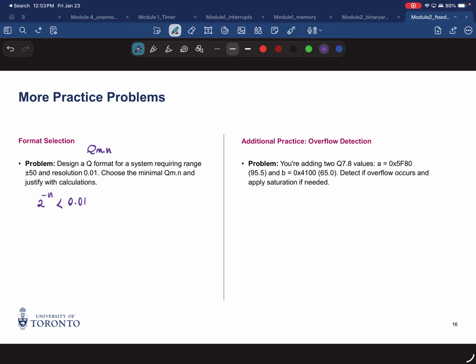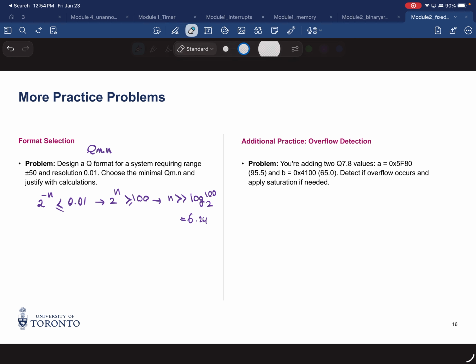Better means smaller. This has to give us a smaller resolution than 0.01. And then I can say n must be log of 100 in base 2, and that's, I think, 6 point something, 24, if I'm not mistaken.